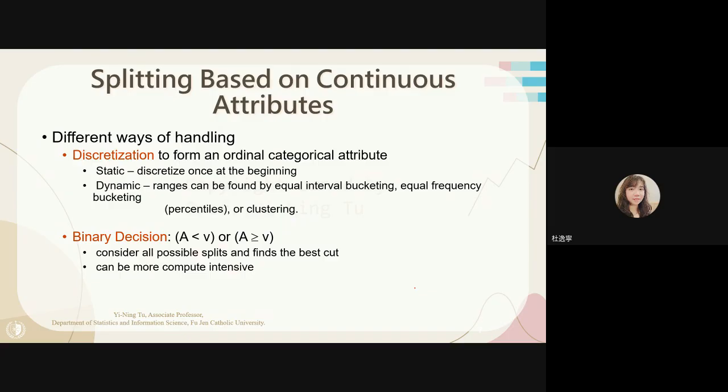When you give a survey questionnaire, you lock the ranges. For example, 10 years old and below, 11 to 20, 21 to 30. Then you give the blocks, right? It's fixed. That is static. When people fill in the questionnaire, you fixed the intervals: under 10, 11 to 20, 20 to 25, and so on. This is static discretization. Okay? The other is dynamic, just like equal interval and equal frequency, which we use when running data. Dynamic is only possible when you collect the original data.